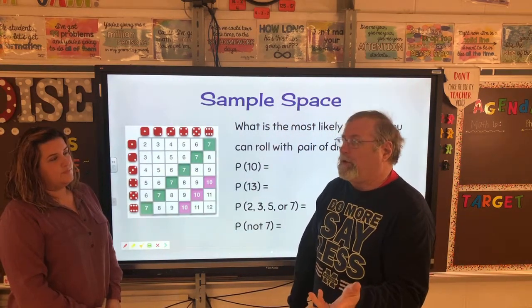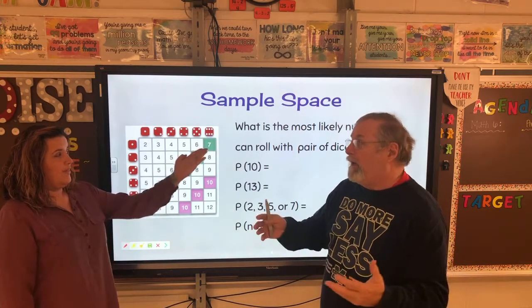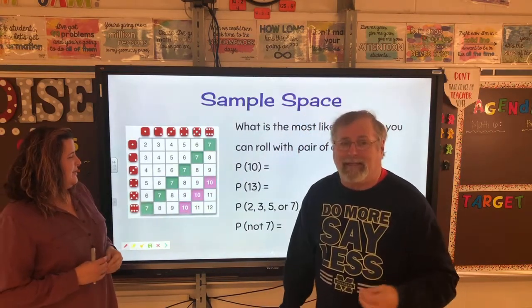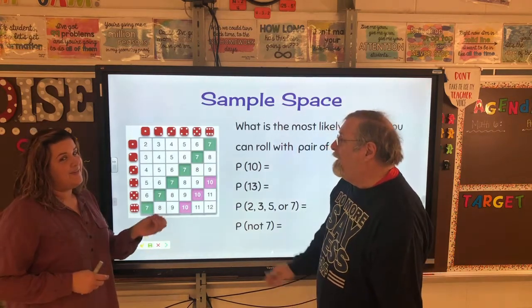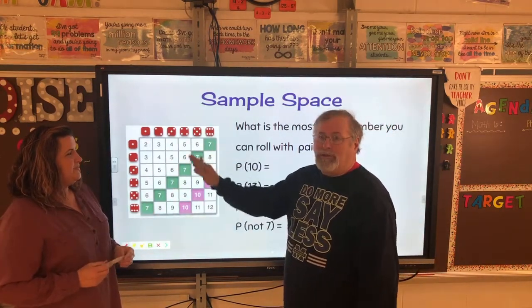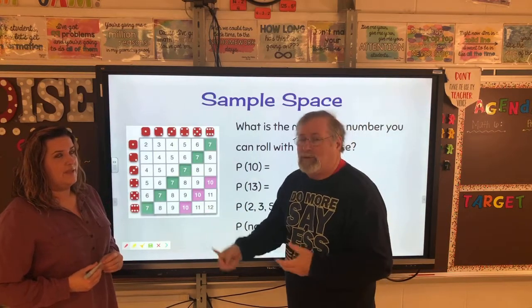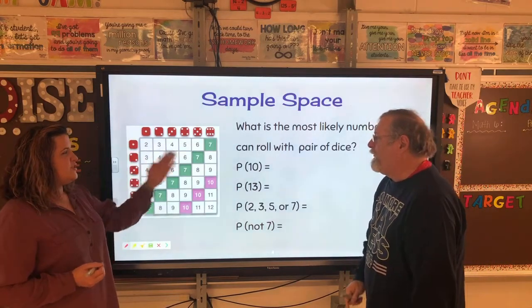Sometimes you wonder what's the most common number when you roll 2 dice. This shows that the number 7 can happen 6 out of 36 times, or 1 out of 6 times. The lucky number 7. But without knowing your sample space, you have no idea what the theory is going to be. Sample spaces are the total outcomes.